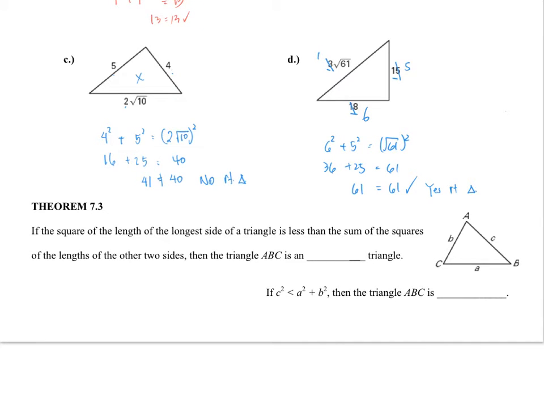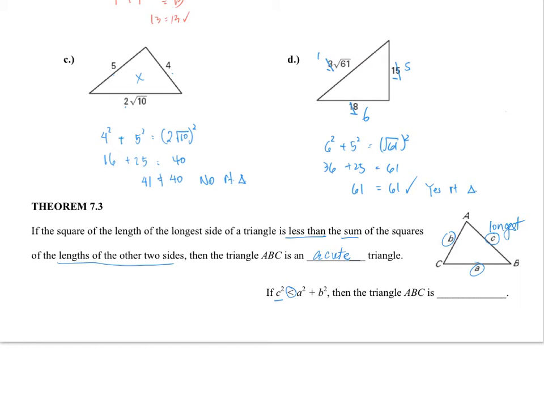Theorem 7.3. If the square of the length of the longest side of a triangle, so let's see here, let C be the longest side, and if we square it, and if it's less than the sum of the squares of the lengths of the other two sides, so a squared plus b squared, then the triangle ABC is an acute triangle.